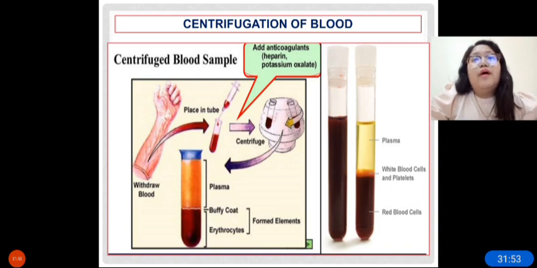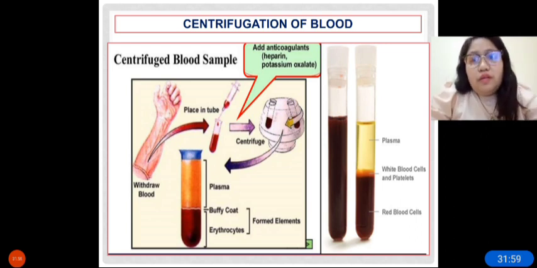Now let's talk about the centrifugation of blood. In the context of blood analysis, a blood sample is placed in a tube and then spun at high speeds in the centrifuge. This separates the blood into its various components, making it easier to analyze specific elements within the sample.